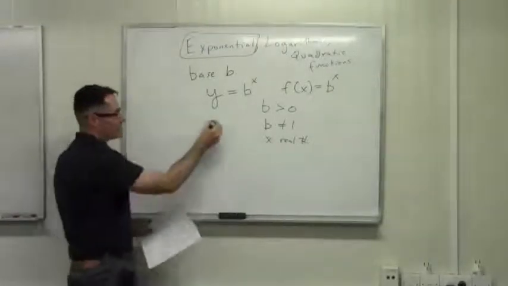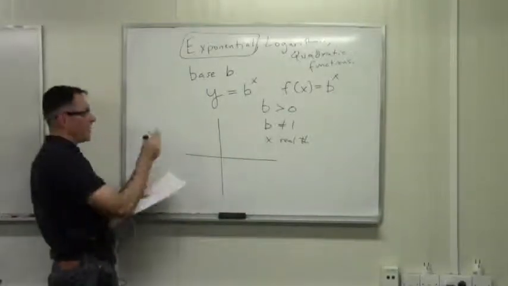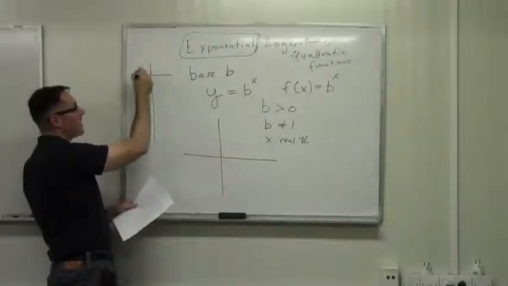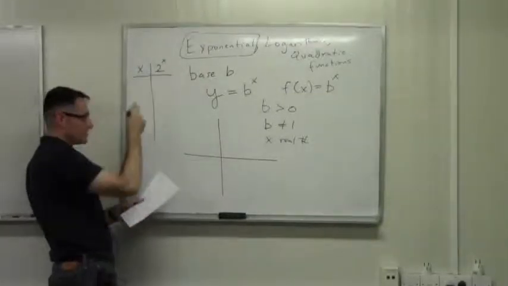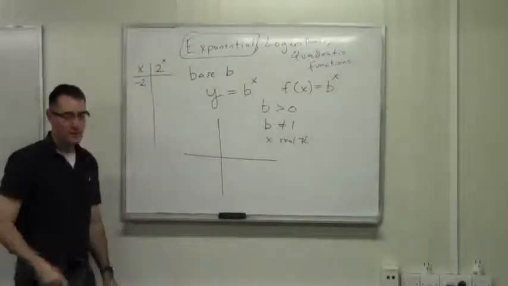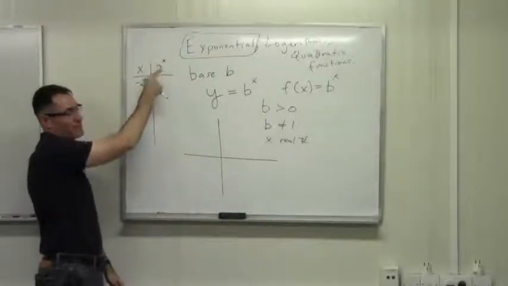Let's look at the graph of the same one we were just doing. We'll just use slightly different values: x and 2 to the x. And let's start out with -2. This is where we have to remember what it means to take a negative exponent.